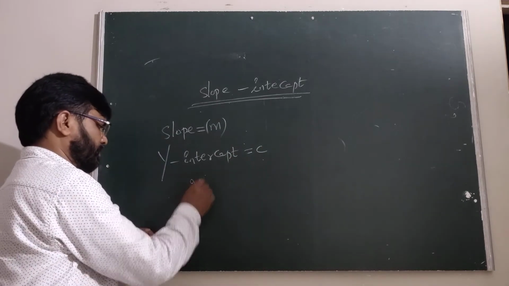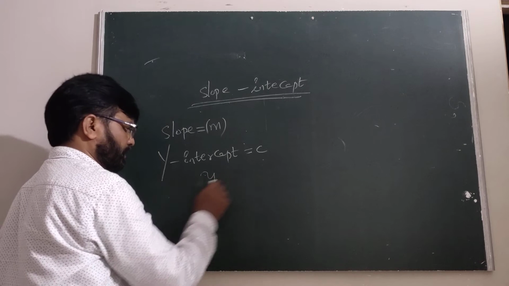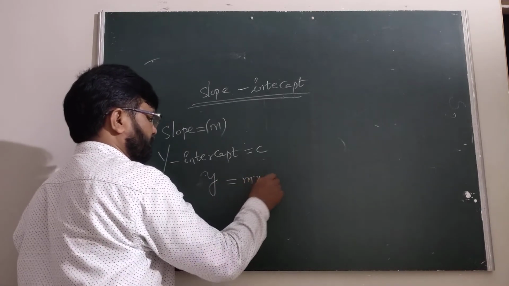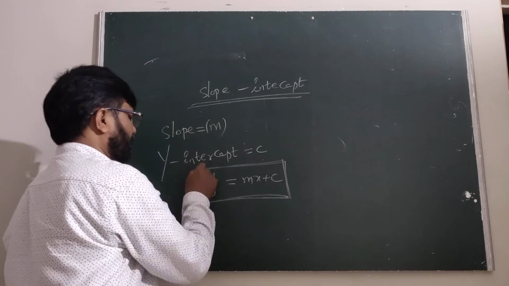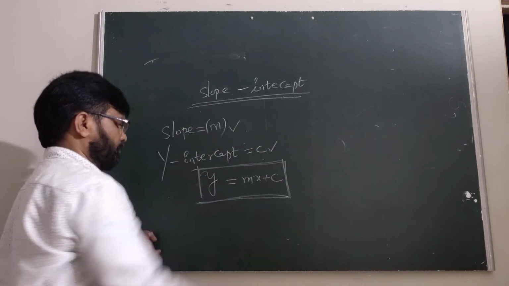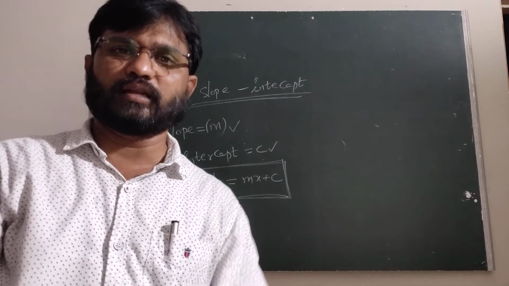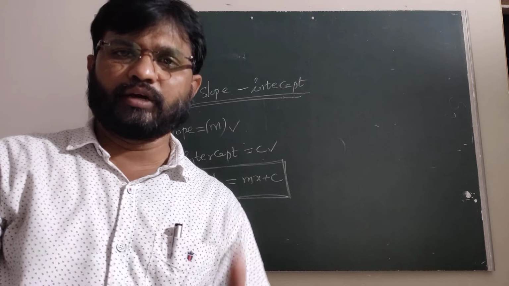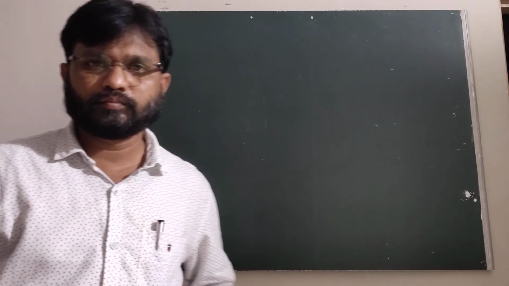Then the equation of the line is y equals mx plus c. This is the equation of the line having slope m and y-intercept c. These are the three forms we discussed in the last class.